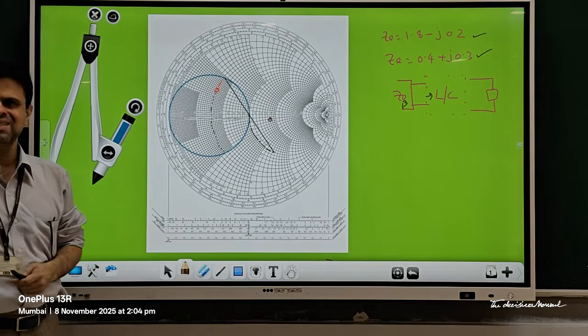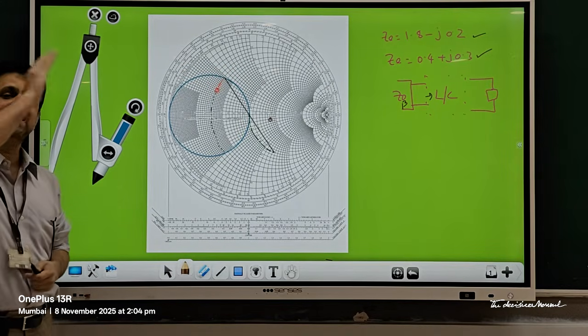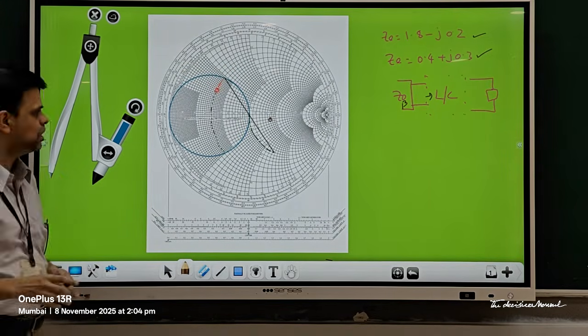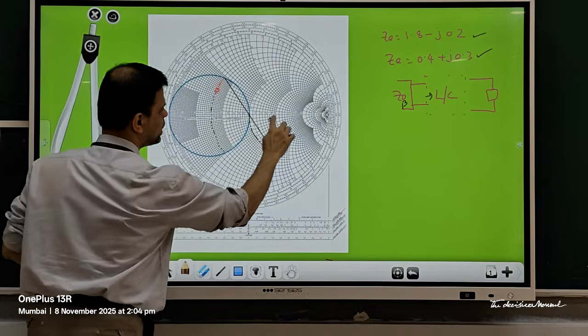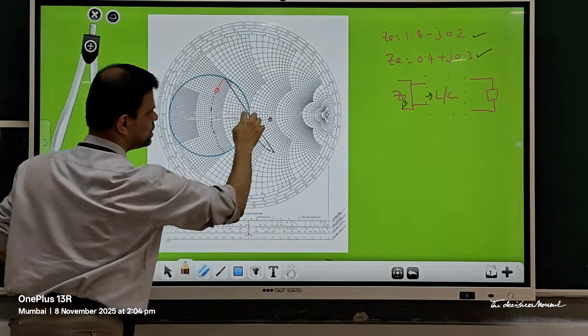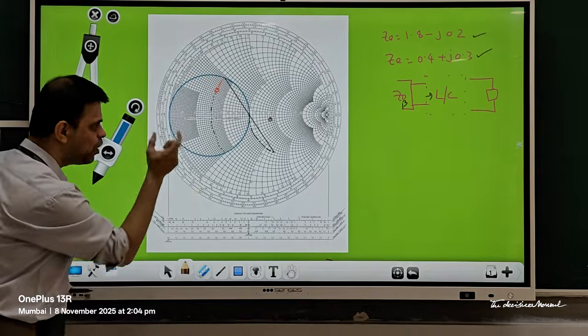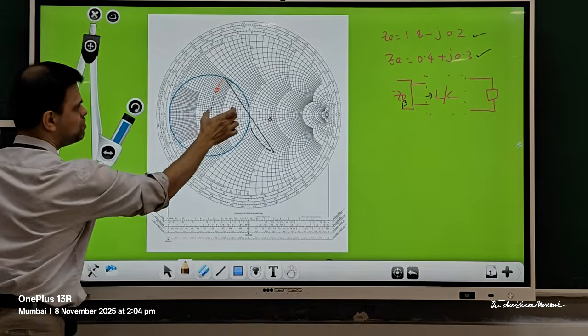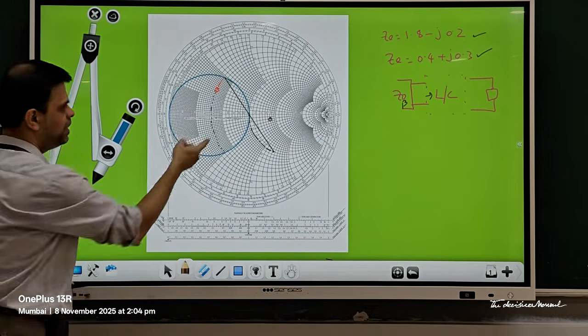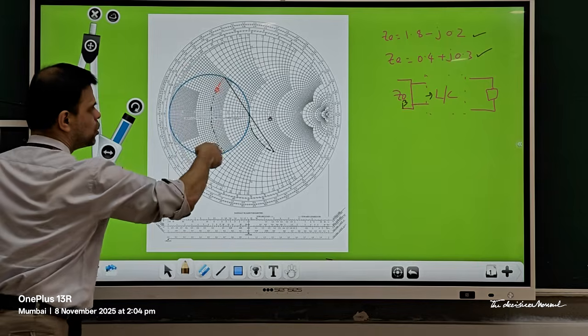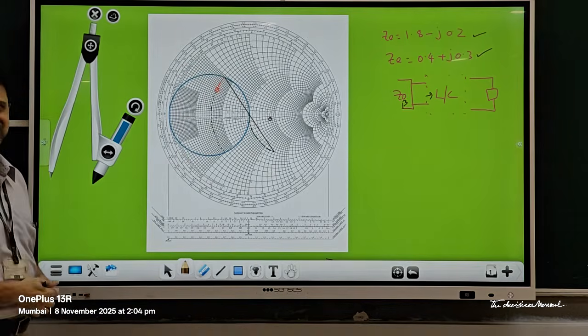Now what is the G1 circle? It is the conductance 1 circle, which is there in the corresponding Y Smith chart. For that, you take the diameter distance of the R1 circle, find out the radius of this, and then mark a center over here. And then with respect to that center, draw this circle.